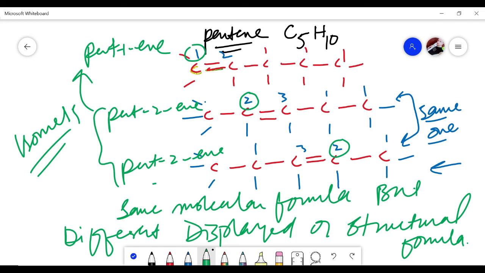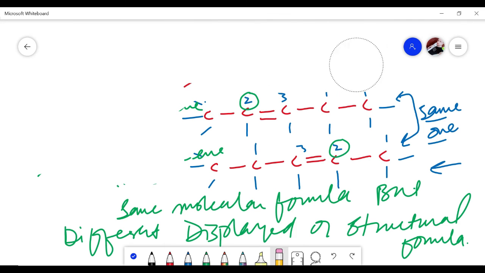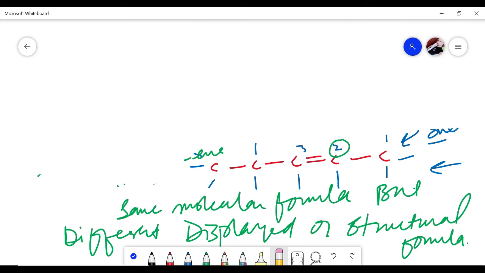Sir, can we find some other design in them? Let us see now. We have 5 carbons, keep in your mind, and we'll find some other design in those 5 carbons and 10 hydrogens. So let's see. The formula is C5H10. Keep this in your mind.